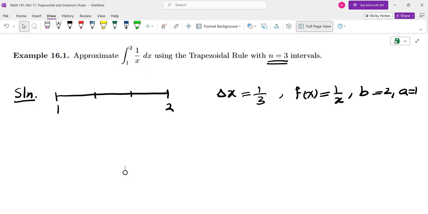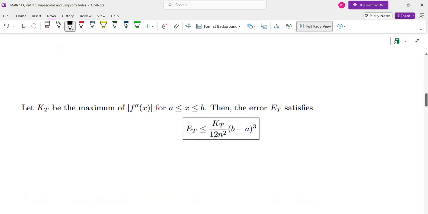So we go 1/3 to the right, which gives us 4/3, 5/3, and 6/3, which is 2.